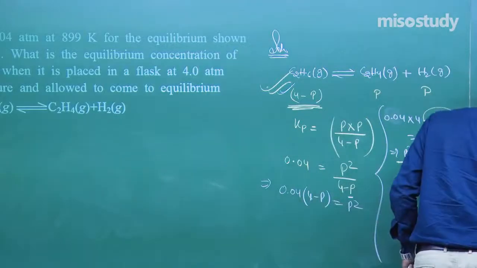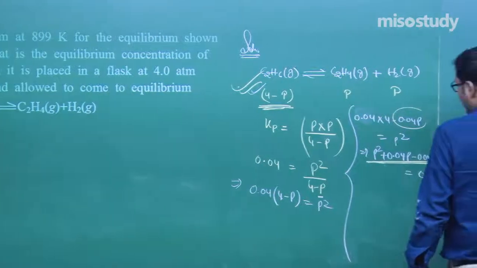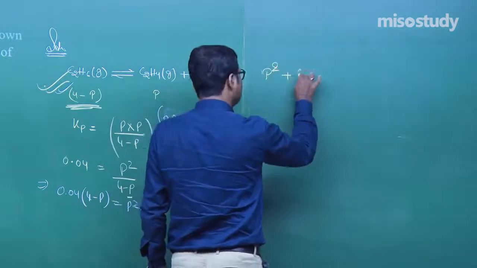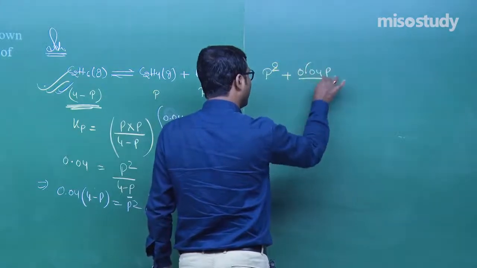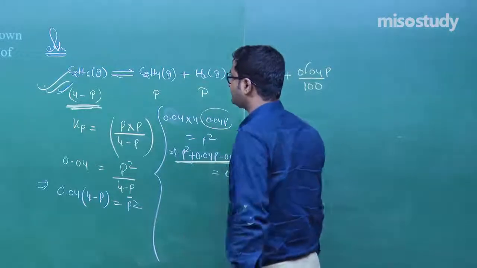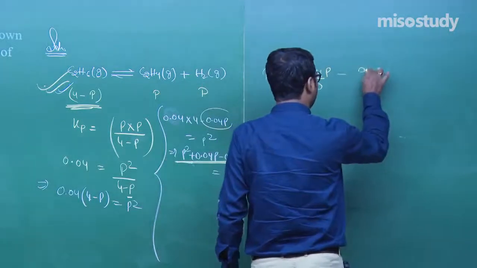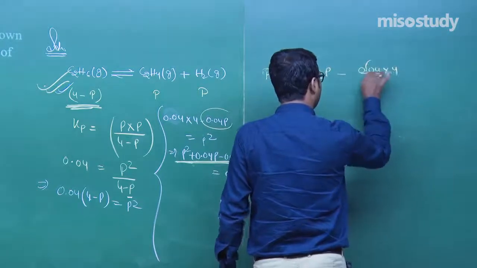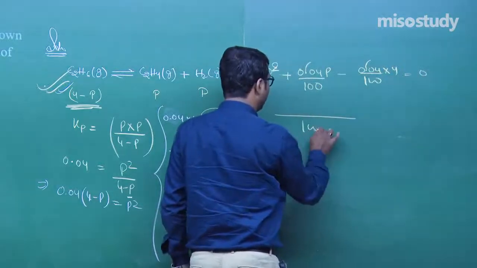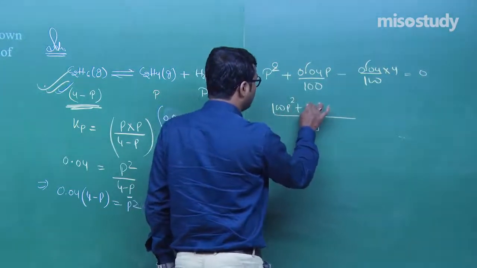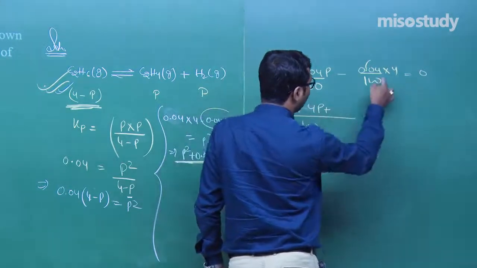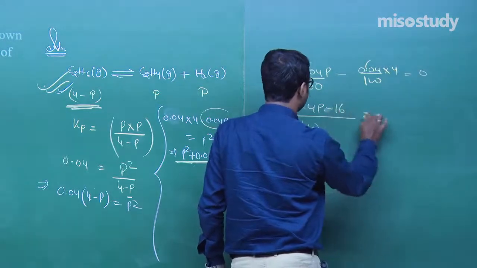It's very simple. It totally depends upon the command of theory. For further, we can write P square plus 0.04 P, we can write it as 4 upon 100. Clear? And minus 0.04 into 4 upon 100. What are we going to do here? Equal to 0, take the LCM 100, that is 100 P square plus 4P minus 16 equal to 0.